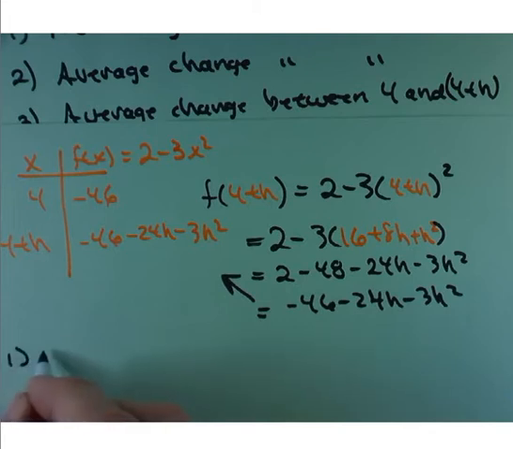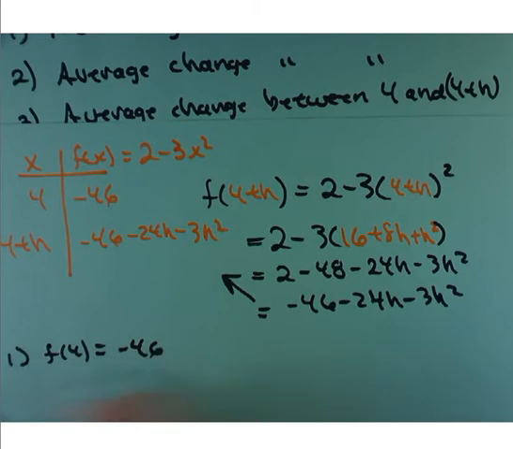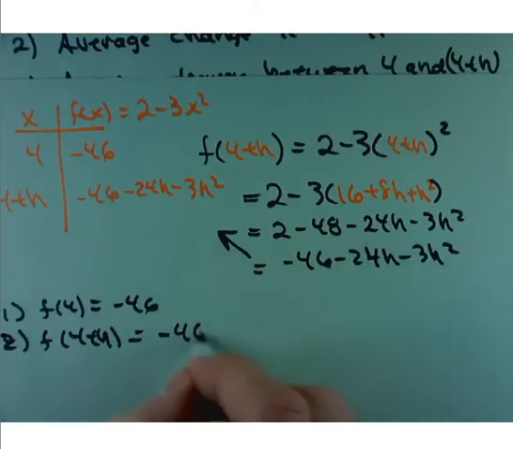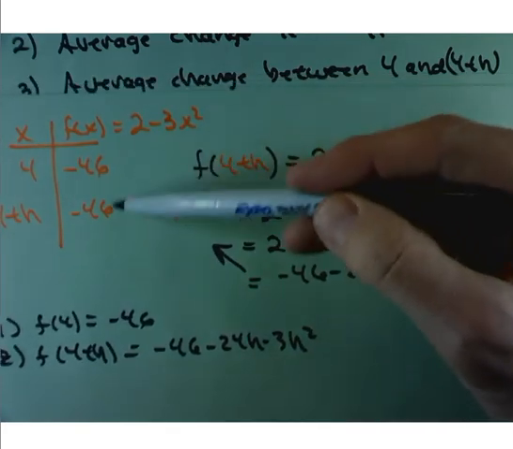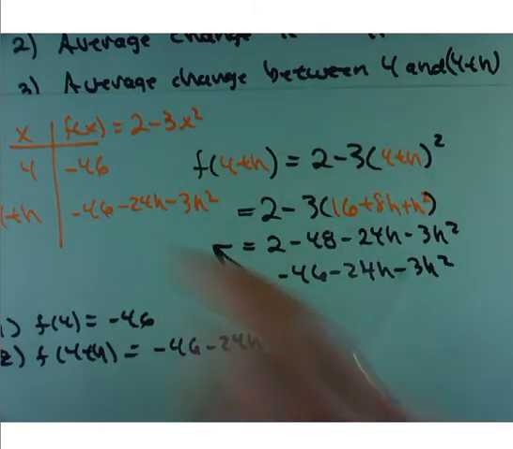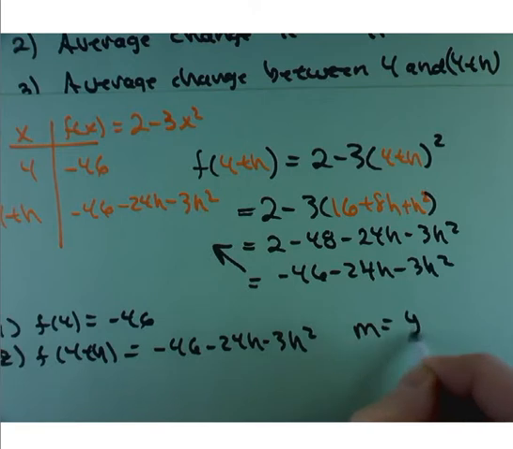Basically, we've already calculated f of 4 gave us negative 46. f of 4 plus h gave us negative 46 minus 24h minus 3h squared. The next thing I need to do is find the difference in the y coordinates, because my slope is just that. The slope is going to be y2 minus y1 over x2 minus x1.